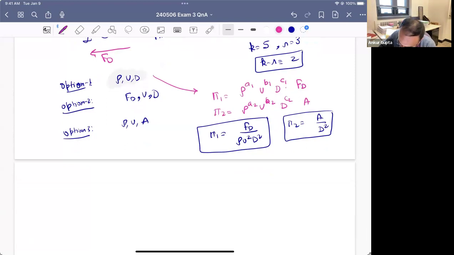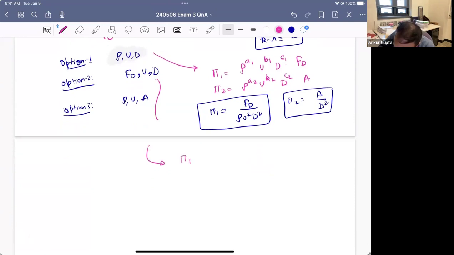Now let's go with this option. In this option, pi 1 is FD to the A1, U to the B1, D to the C1 times rho, and pi 2 is FD to the A2, U to the B2, D to the C2 times area.